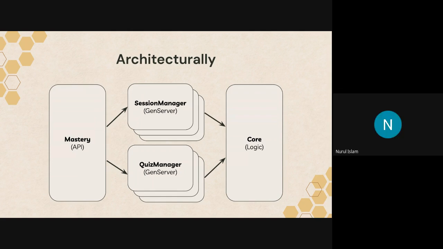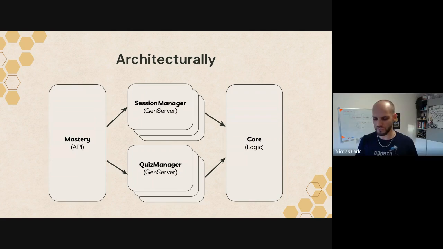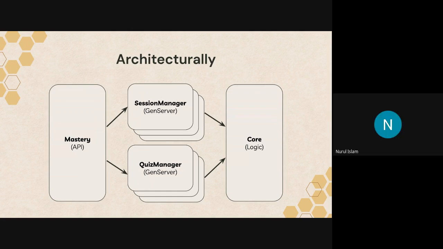Yes. And for example, if you want to do a call to the database to get some data to do the logic, you would do it here and pass the data to the core function. That's one way.